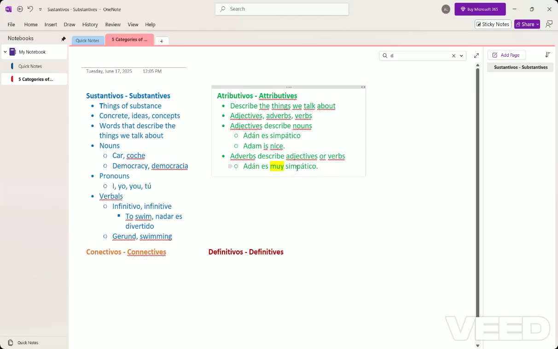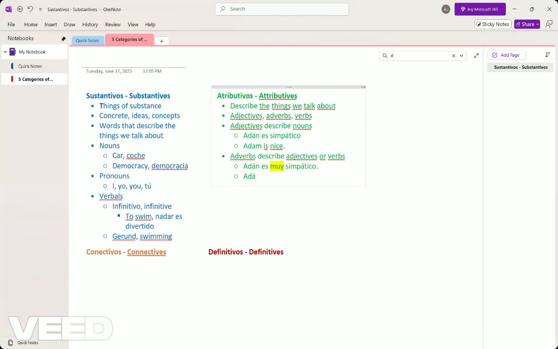It gives you the level of niceness. Another one is describing a verb. Adán habla el español bien. So in this case, bien describes habla, describes the verb.